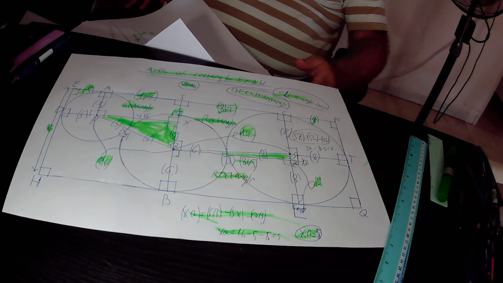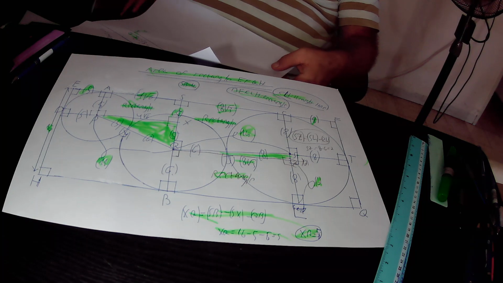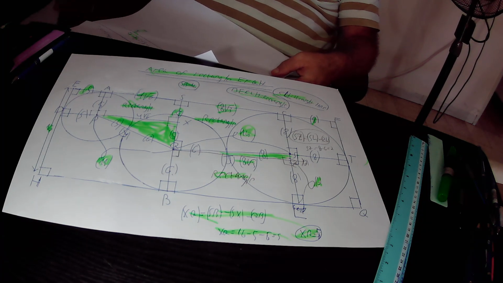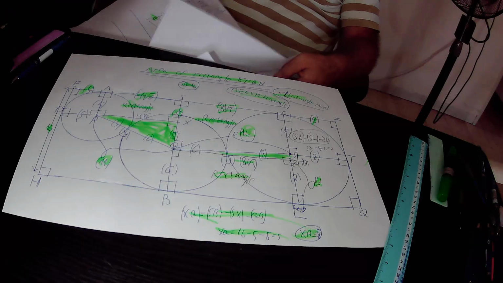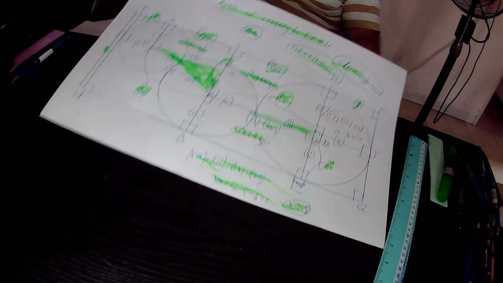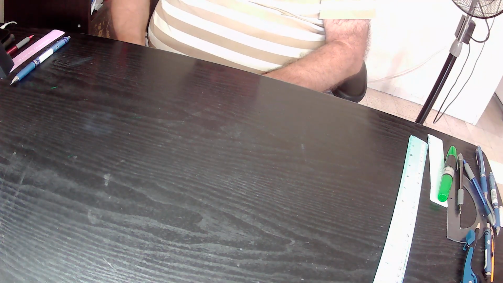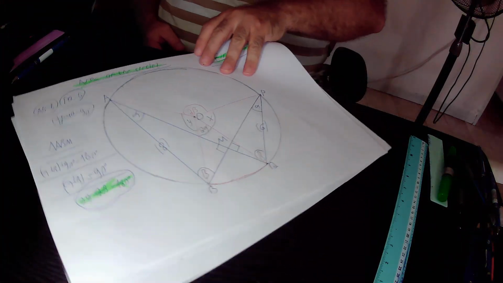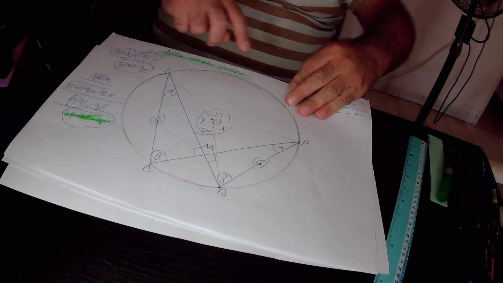In the next step, I presented to you the second question, and we solve the second question by using two different methods. In the second question, our task is to find out the area of this circle.